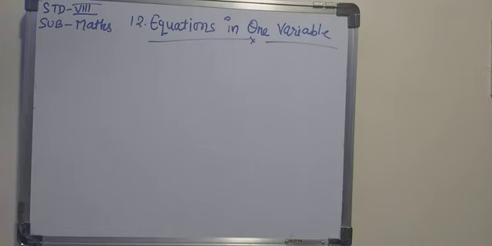Whatever operation you apply, you have to apply it on both sides of the equation, right? So these are some rules. Equation means there should be an equal sign, which we have already started in the previous section. Now we are going to solve more sums based on this, right? So our topic is solution of equation in one variable.